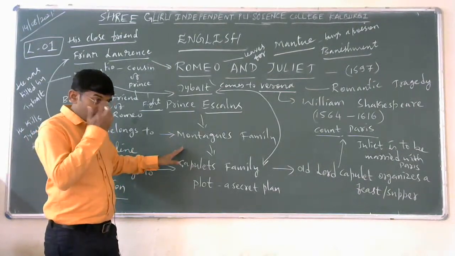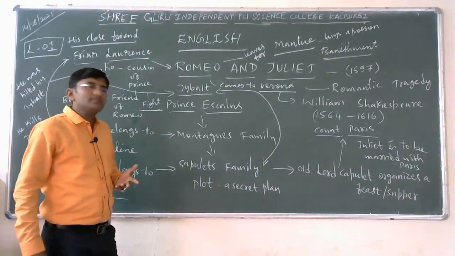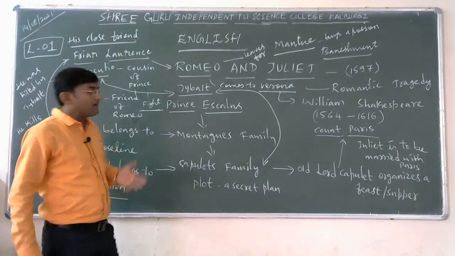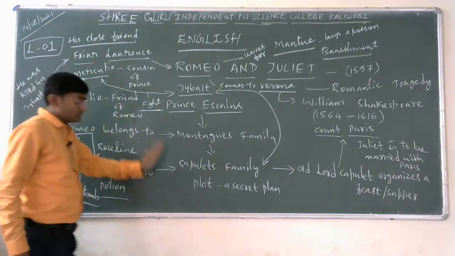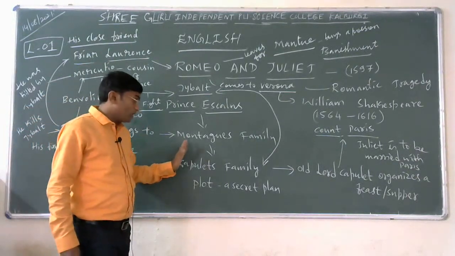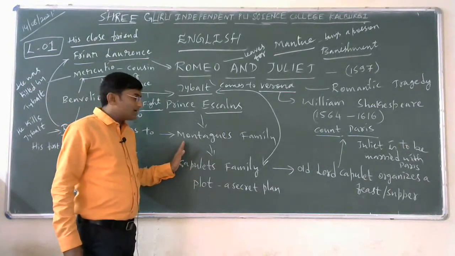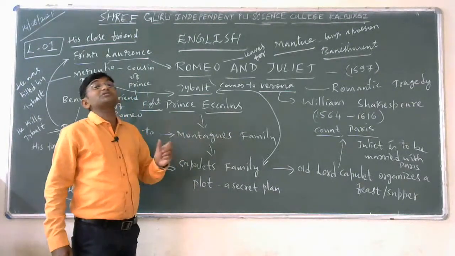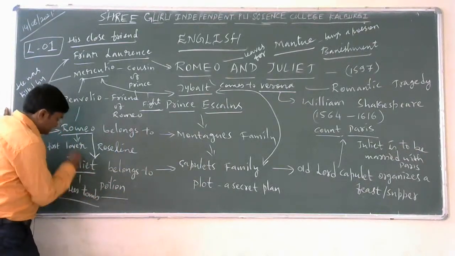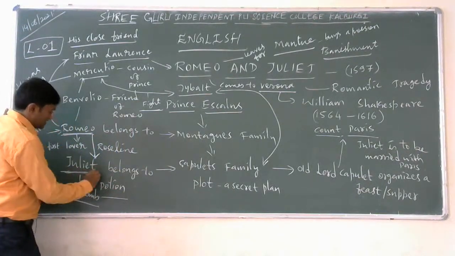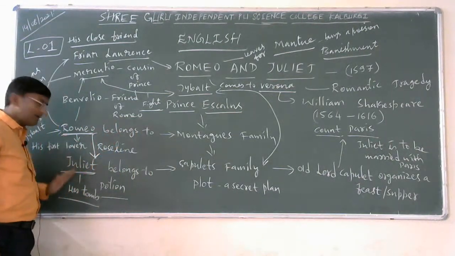But now they realized where they had gone wrong. Under the presence of Friar Lawrence, both the families' heads, Lord Montague and Lord Capulet, wanted to erect a statue in memory of Romeo and Juliet.